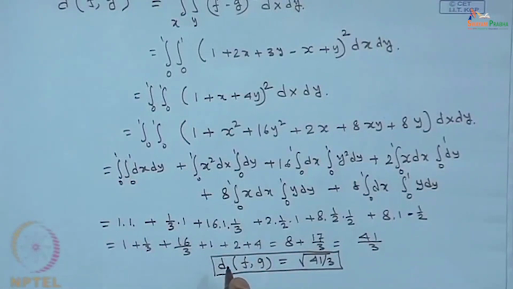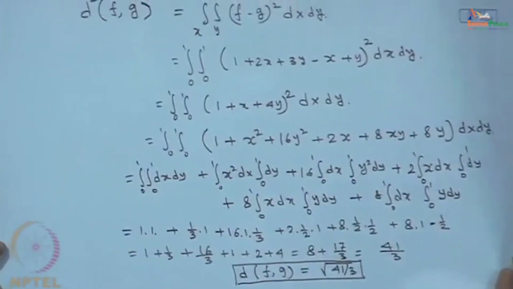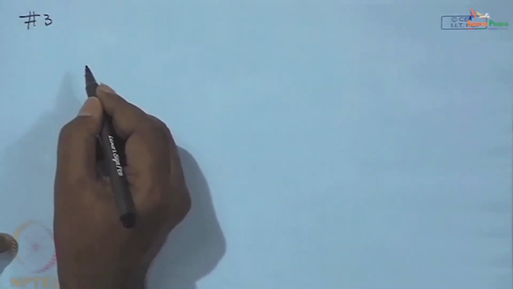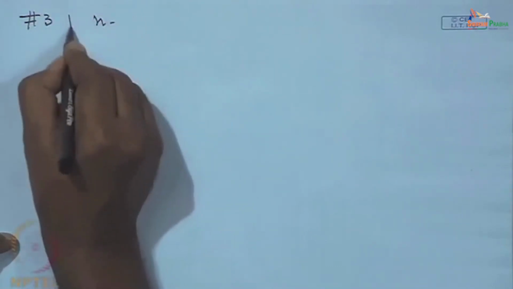So, that is how the inner product, the metric and norm of continuous two dimensional functions can be computed. Next, we look into some more examples of this concept. The next example is for an n dimensional real space.